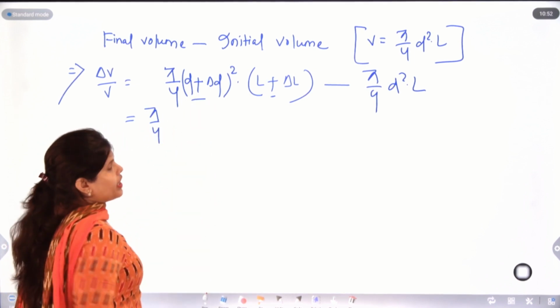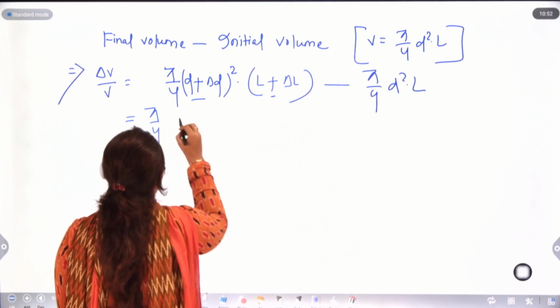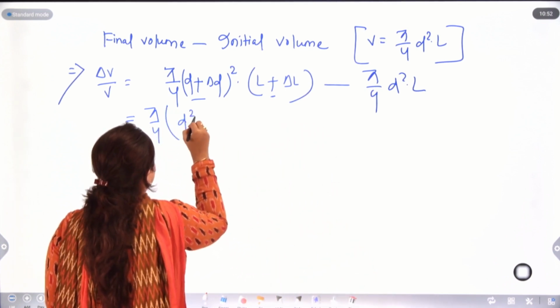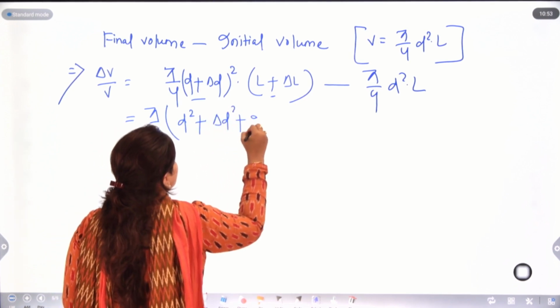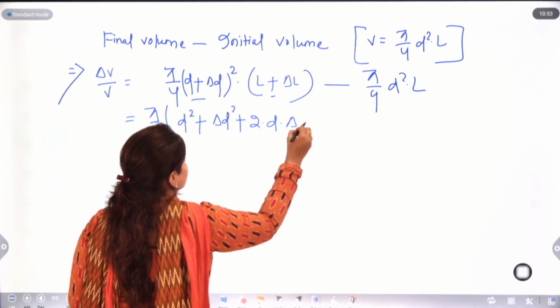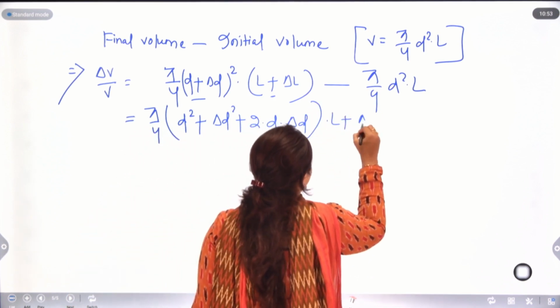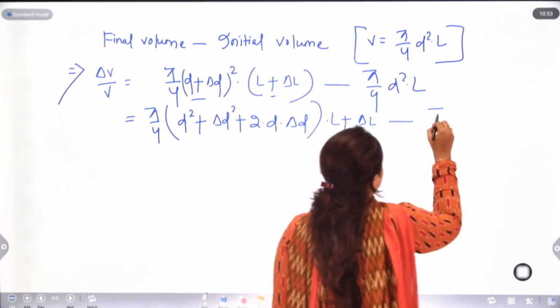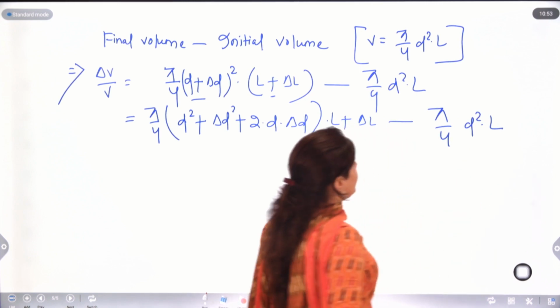Here D plus del D the whole square, we will put the formula for (a plus b) whole square: D square plus del D square plus 2 into D into del D, right? Minus pi by 4 D square into L.